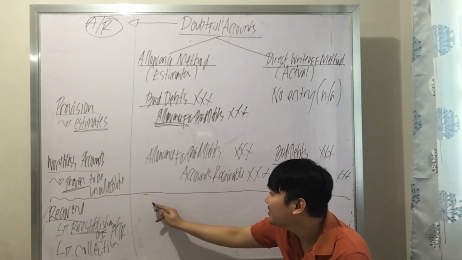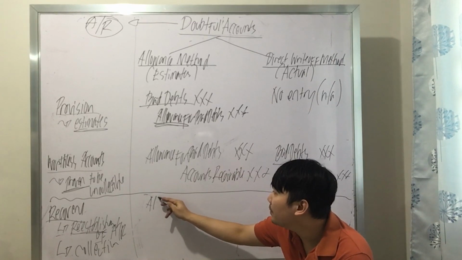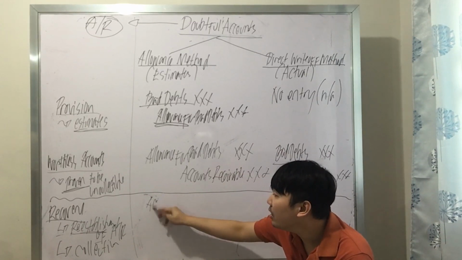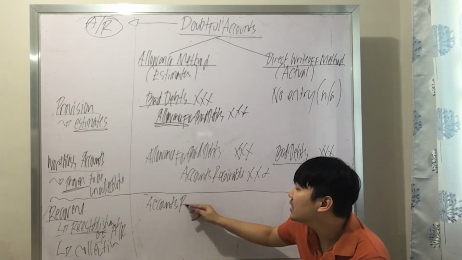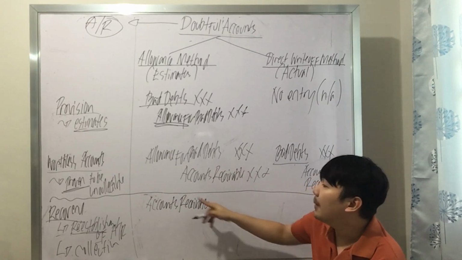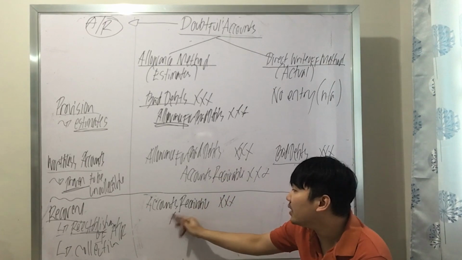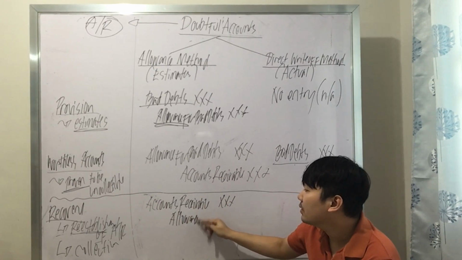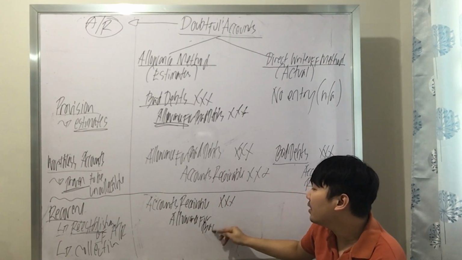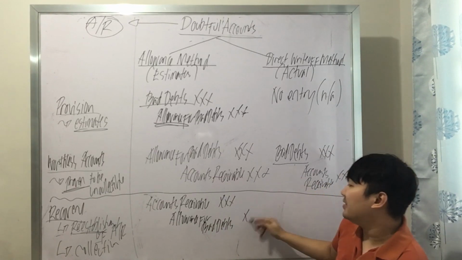So, debit accounts receivable. Ibabalik mo, class, yung AR na previously written off. Isasoli mo muna. Tapos, credit allowance for bad debts.